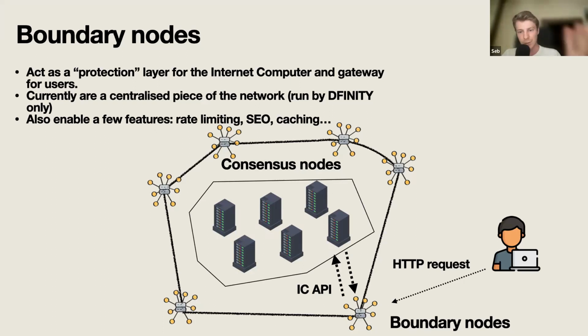Right now, as of today, so we are August 2023, the boundary nodes are probably the most centralized piece of the network, because all of them are run by Dfinity and Dfinity only. However, there is a program which is coming, I think, at the end of the year or early 2024, where everyone will be able to run a boundary node and also get rewarded for that.